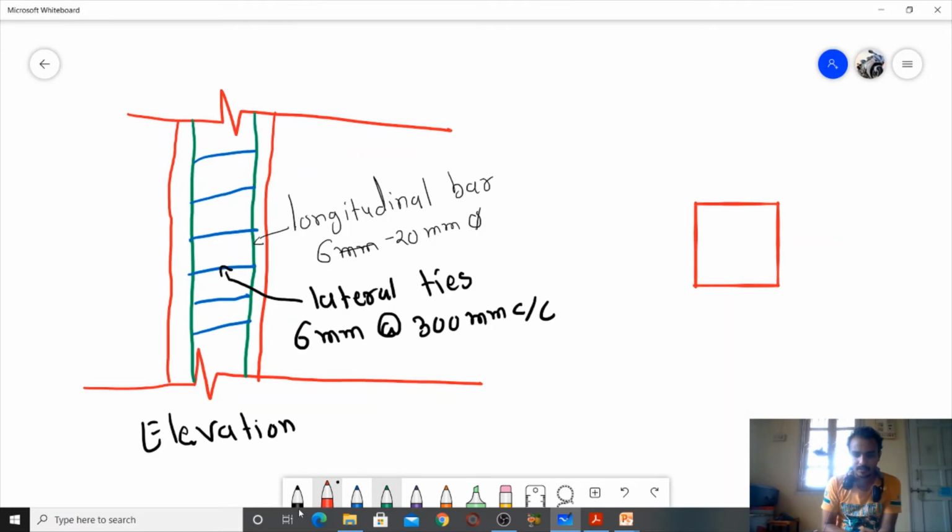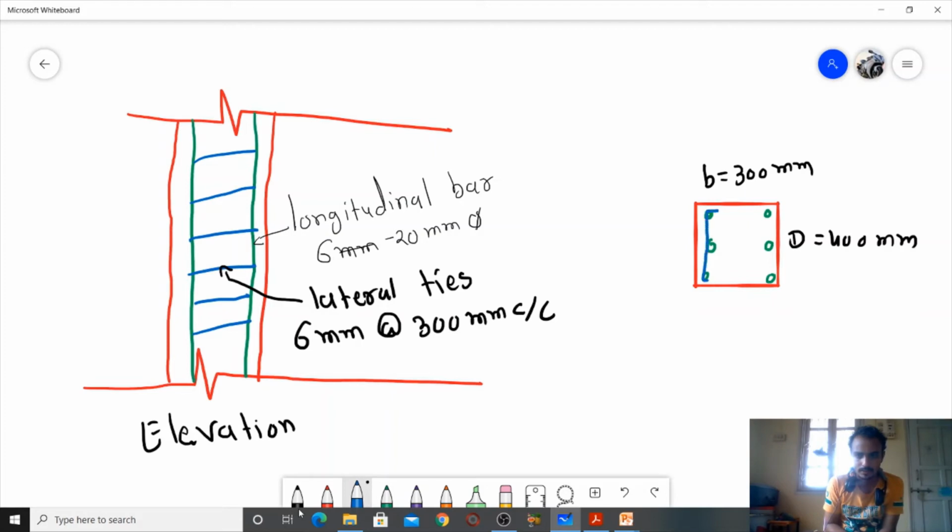Okay, 300 mm by 400 mm. We have 6 bars of 20 mm dia. It's the longitudinal bar.